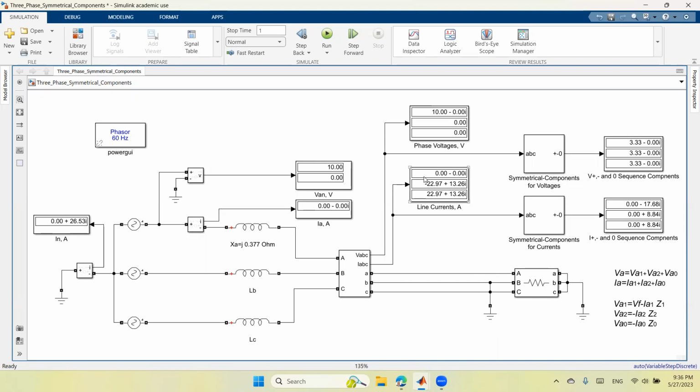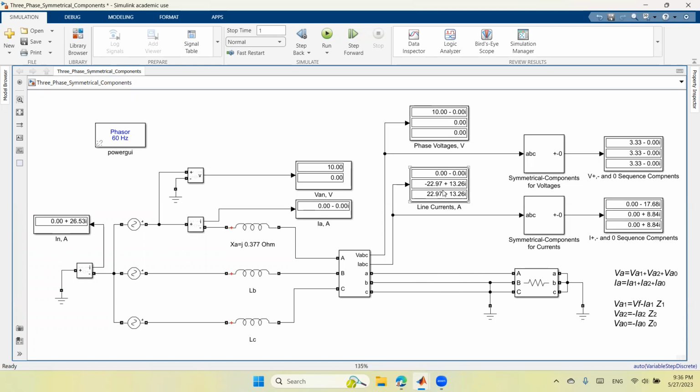I don't see current A because A is in open circuit, but I see a large current in both phases B and C. This is the current of phase B, this is the current of phase C, and their sum will be the fault current. So this is the fault current, and this will be their sum.